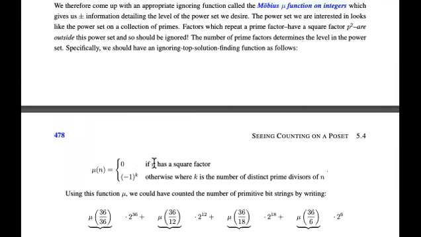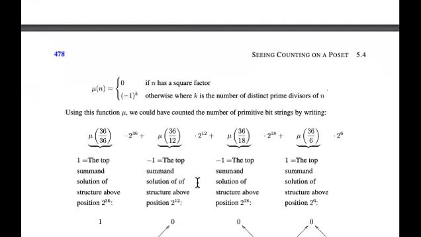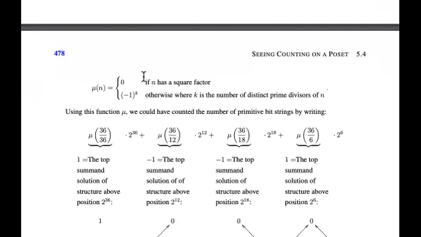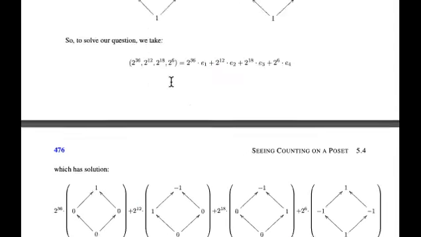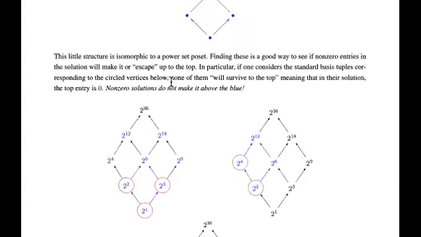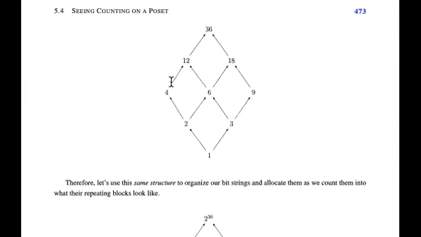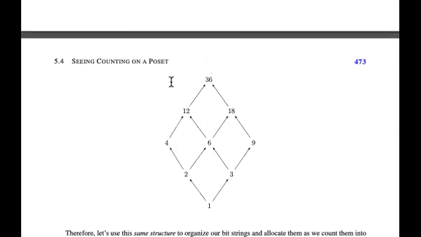It's 0 if n has a square factor. Now let's think about what that means in this diagram right here. Let's go back up to the factors of 36. So where do we put a plus or minus? We want it to be 0 when there's a square factor.